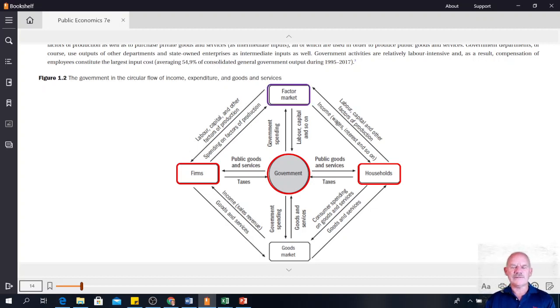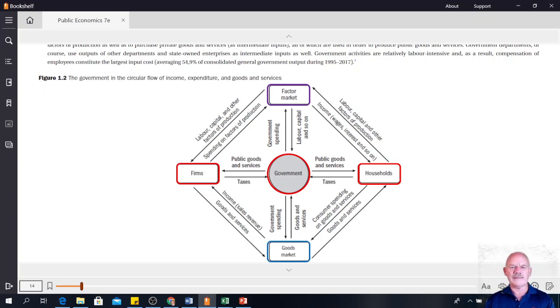The government is also very active in the factor market. They hire labor just as firms hire labor, and they pay salaries and so on. And they also borrow money in the form of capital, and they spend a lot of money. So they have to pay salaries which they spend on the laborers. Then they're also involved in the goods market.